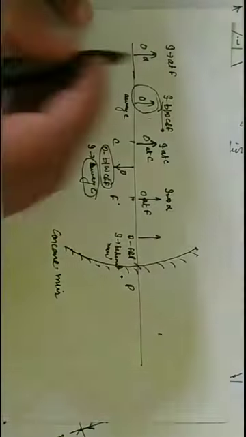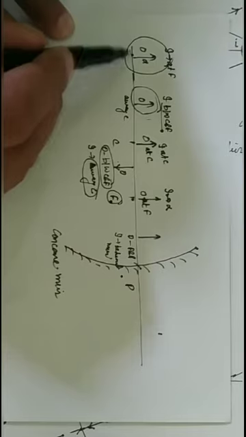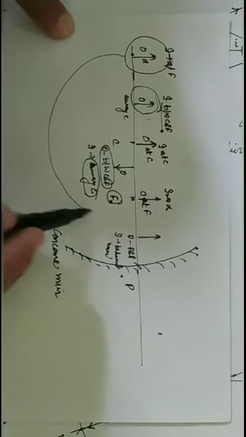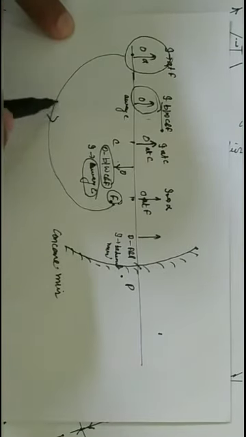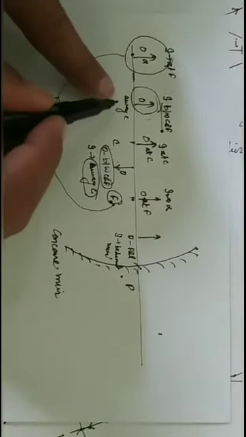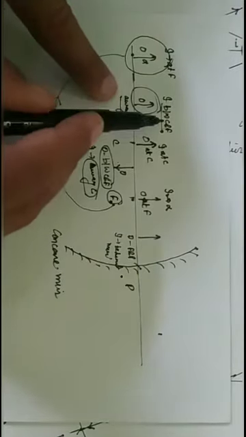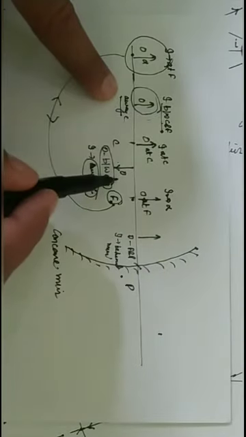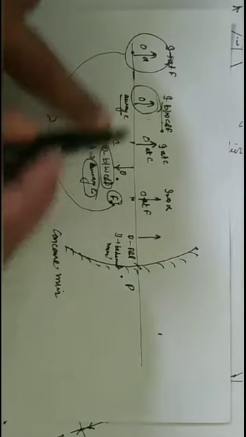So these are your different locations. When your object is at infinity, your image is at focus. If your object is at focus, your image is at infinity. So these are interconvertible. Similarly, when your object is away from C, your image is between C and F. If your object is here, your image is here.